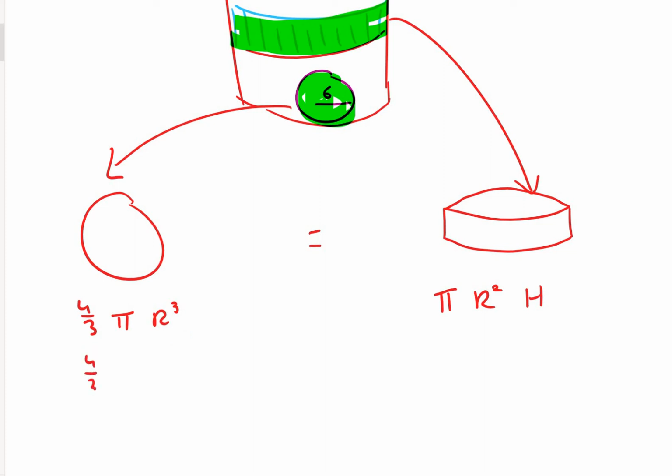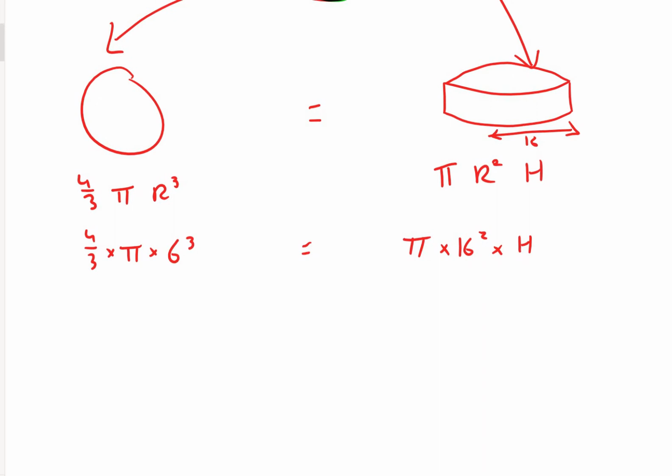So 4/3 multiplied by, leave pi as it is because we know they cancel, and we know that the radius is 6, so it'll be 6 cubed equals pi multiplied by, the radius on this is 16, we were told, so 16 squared multiplied by h, which we don't know. First thing we'll do is we'll square out or cube out our numbers.